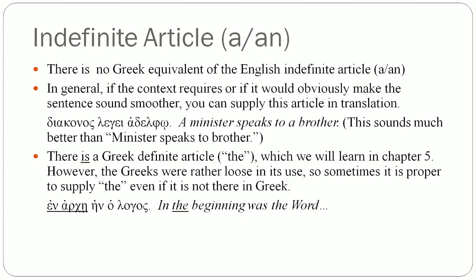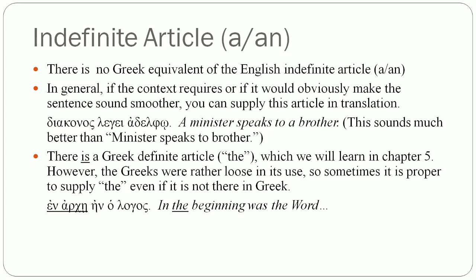There is no indefinite article. That's not to say it's not there. Okay, I think the Greeks did understand when somebody intended to put an indefinite article in, or to suggest that something is kind of this indefinite general idea. They just don't have a word for it. Okay, but there are other ways of telling when that is appropriate to put in there and when it's not.